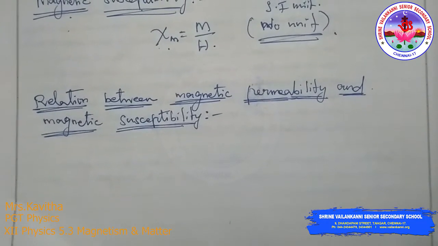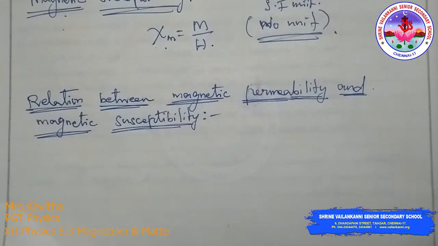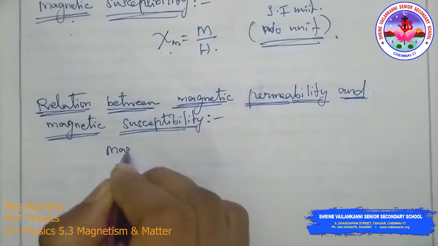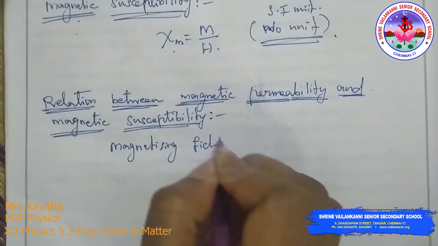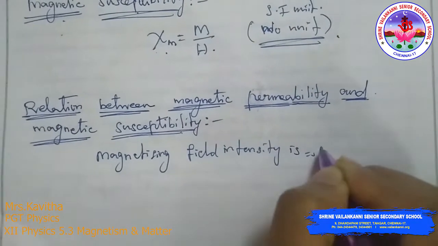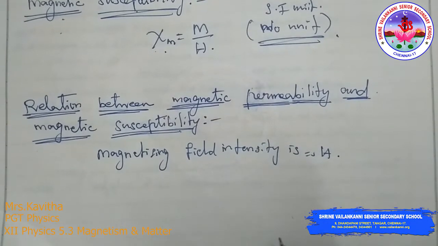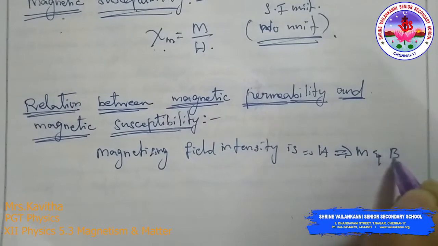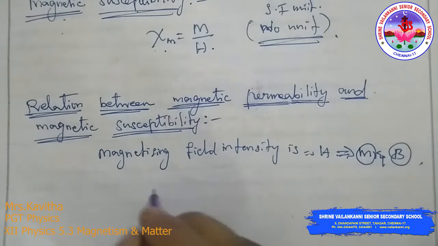If a linear magnetic material is subjected to the action of the magnetizing field intensity H, it develops the magnetization M, and this develops M and B. Both are developed in the material. So then what will happen to B?